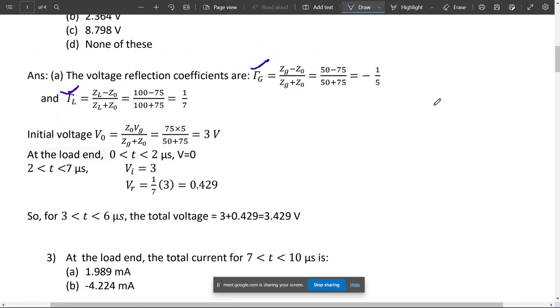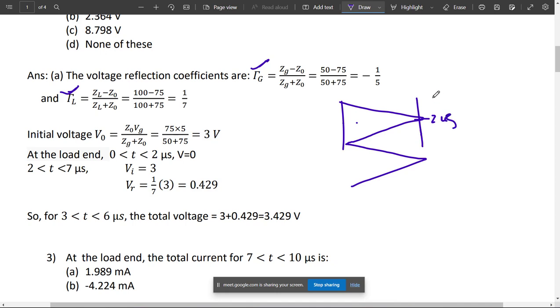Now, अब again at load end. So first goes like this, right? So till here, before time t equals 2 microseconds, the voltage will be equal to 0, right?